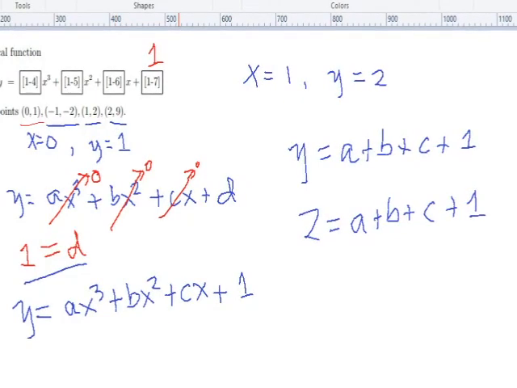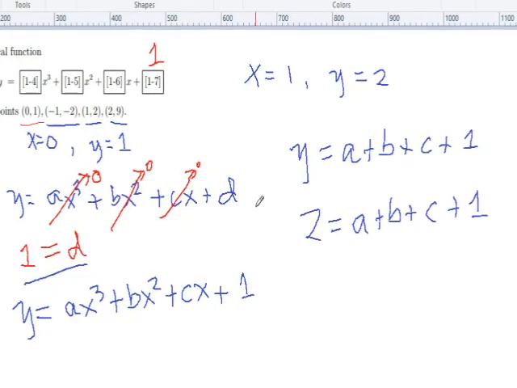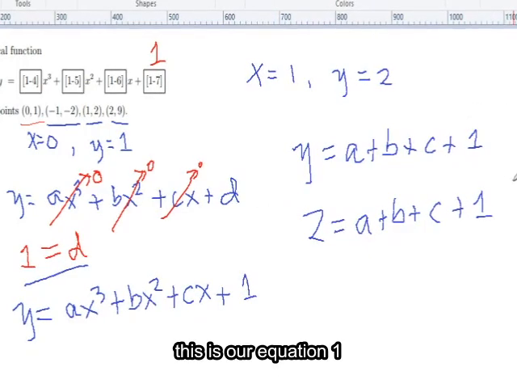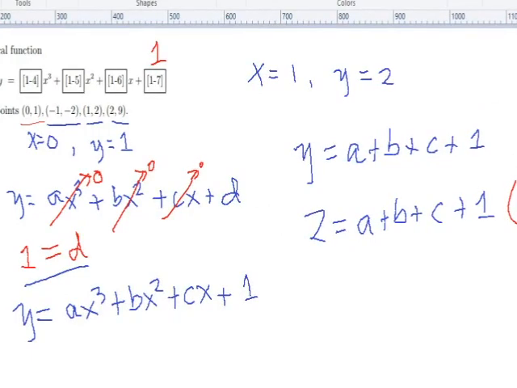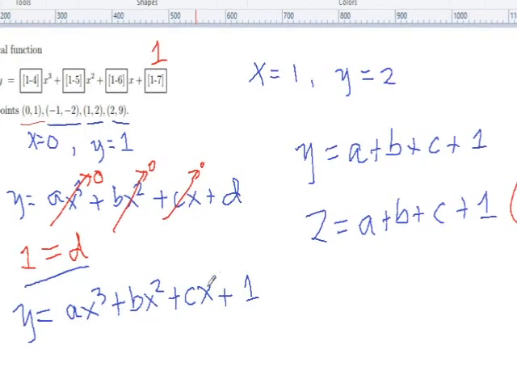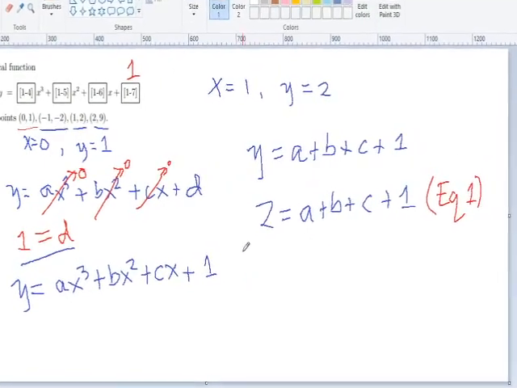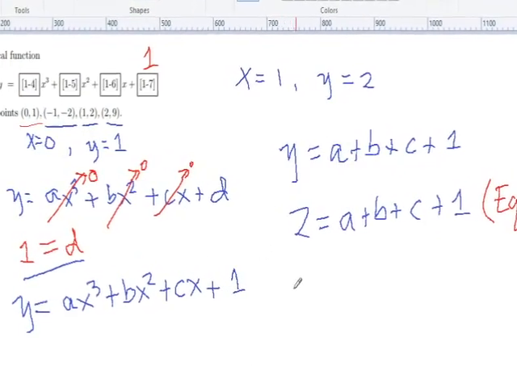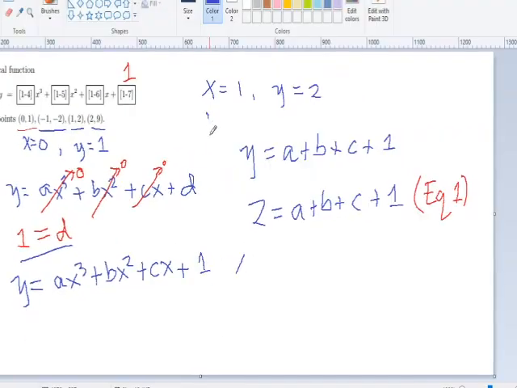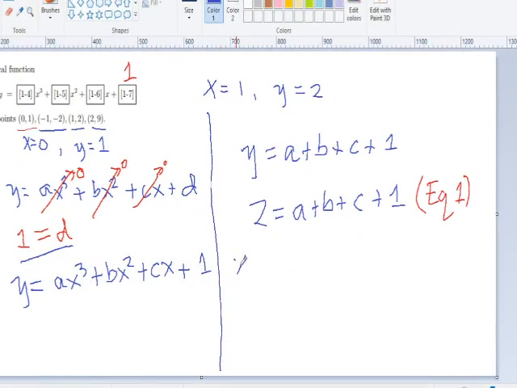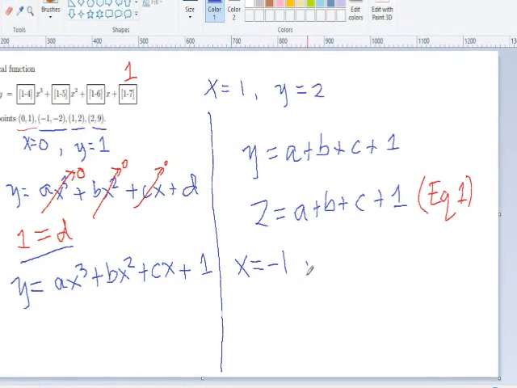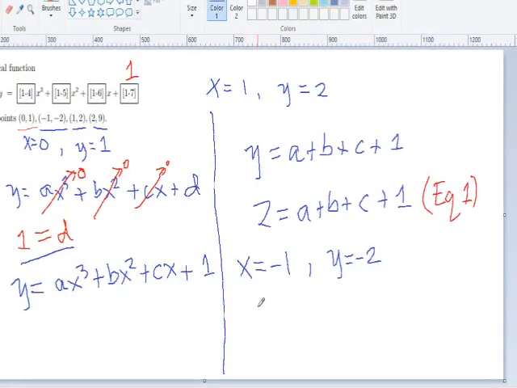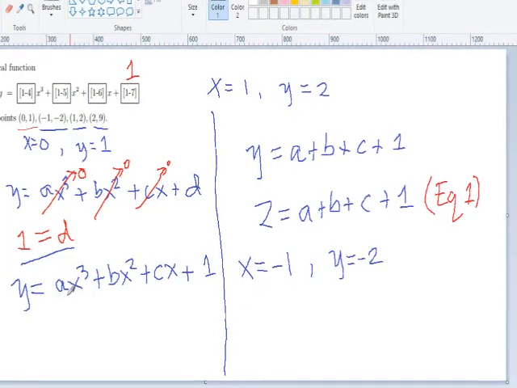Try another number. So this is equation 1. Try the second point, when x equals negative 1, y equals negative 2. So substitute again.